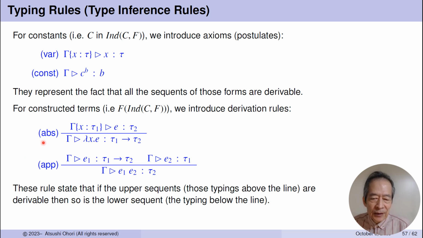In the case of abs, this states the following fact. If E has type tau2 under the assumption that x has type tau1, then lambda x.E has type tau1 arrow tau2 under the assumption obtained by eliminating this assumption x colon tau1.